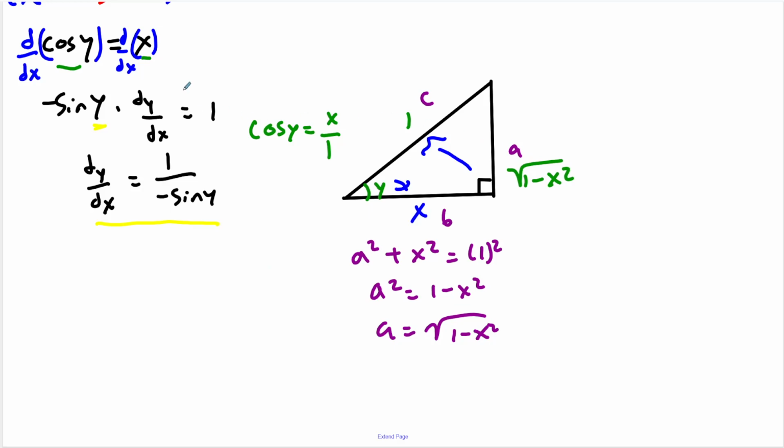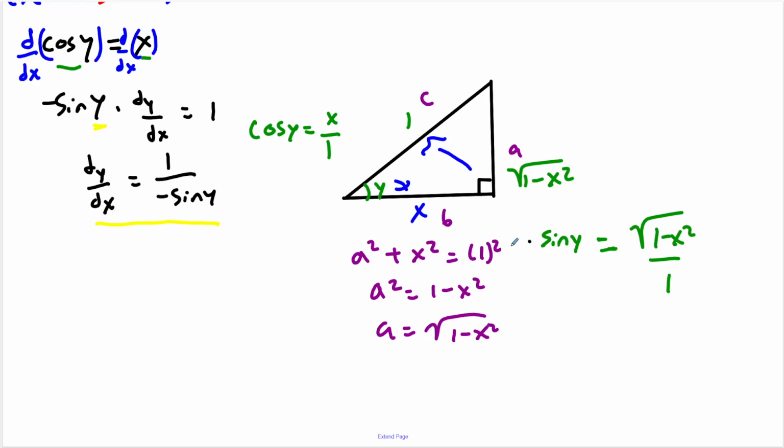So then negative sine of y. Well, I'm going to just find sine of y first. So sine of y, sorry if I'm going a little crazy with the colors here. Sine of y, that's just opposite, which is the square root of 1 minus x squared, over hypotenuse 1. Well, we need to take the negative of both sides because we want to find negative sine of y.